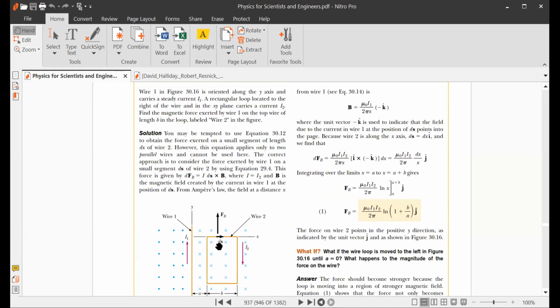On the right-hand side, the magnetic field of wire 1 is inward to the page. On the left-hand side, it is outward, away from the page.